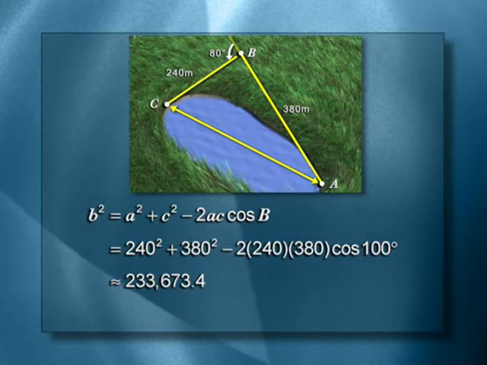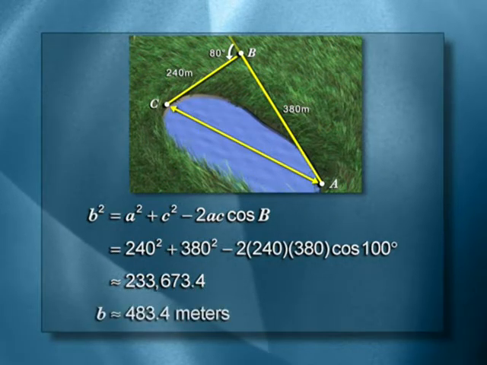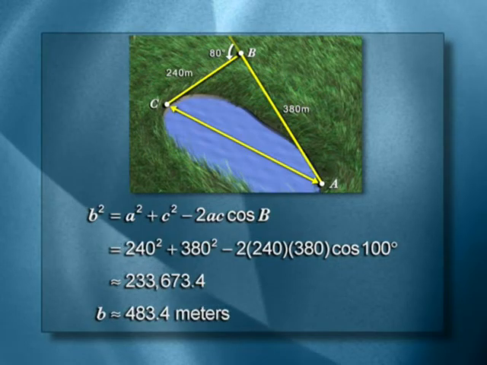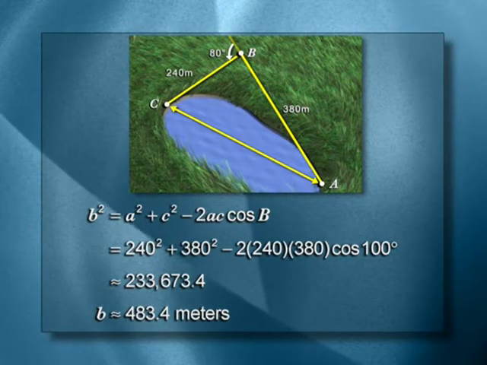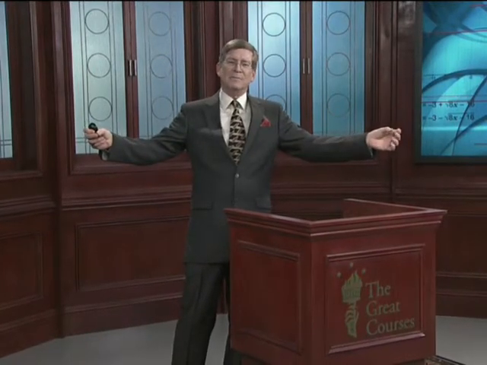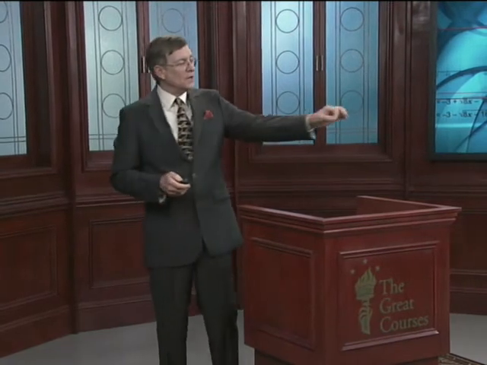Wow. But it's the square root we want, and the square root's about 483.4 meters. So I figured out how far it is across this swamp without having to get my clothes dirty, by this little trick of walking around it and making sure I measure the angle that I turn halfway during my walk. Okay, good. That was, I thought, another interesting application of the law of cosines.